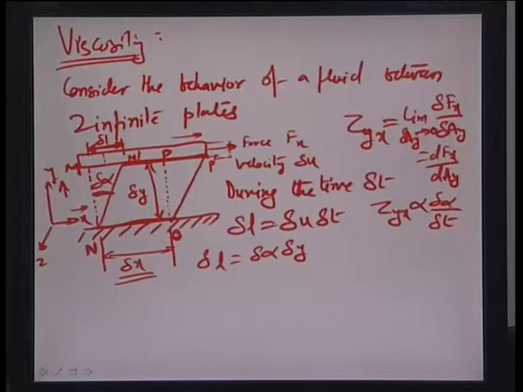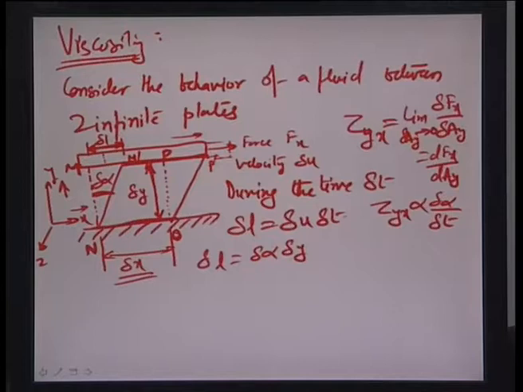So, essentially what we are talking about here is the length of the arc delta L by virtue of the fluid element moving from position MP to M'P'. The element moves by an angle delta alpha. So, delta alpha times radius delta y would define what this delta L is.